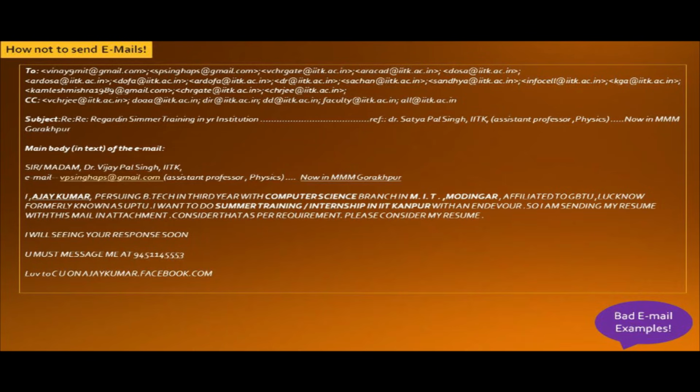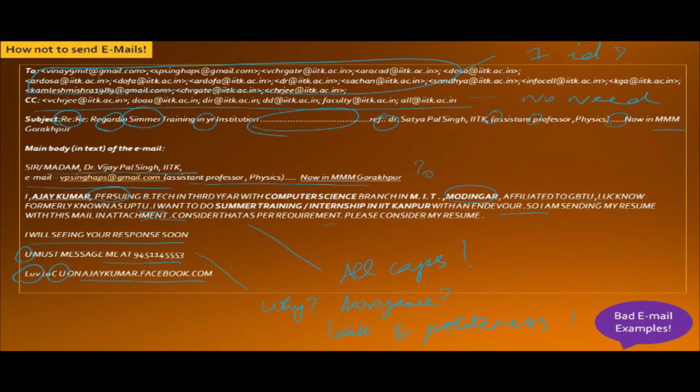Take a quick look and then I am going to analyze this. If you look at it, the To field itself has so many email IDs, CC has so many email IDs, then it is a reply or "re", then a summer spelling mistake is there, and then capital U's.